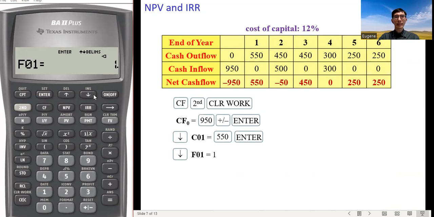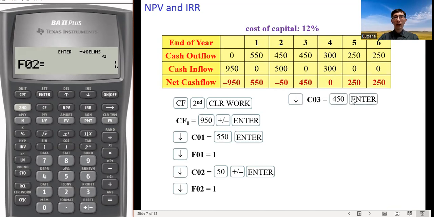And then we can enter the second cash flow. Negative 50. So we key in negative 50 into the calculator. And a frequency count of 1 as well. And then the next cash flow amount, 450, with a frequency count of 1.